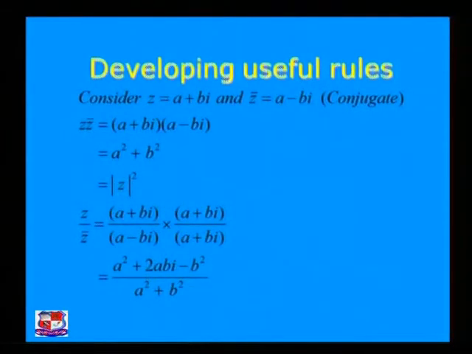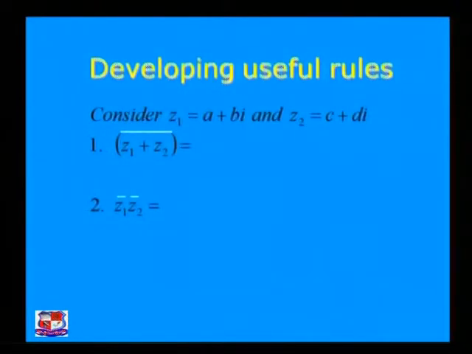In the same way we can derive z upon z bar is equal to a square plus 2ab into i minus b square upon a square plus b square. And in the same way, if we have z1 is equal to a plus bi and z2 is equal to c plus di, then conjugate of z1 plus z2 is equal to conjugate of z1 plus conjugate of z2.